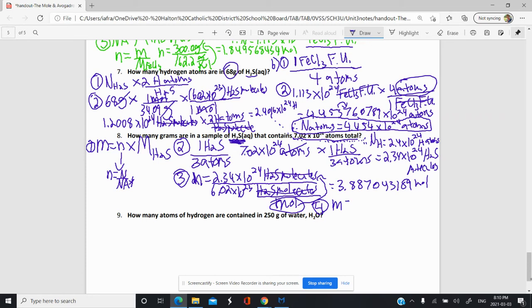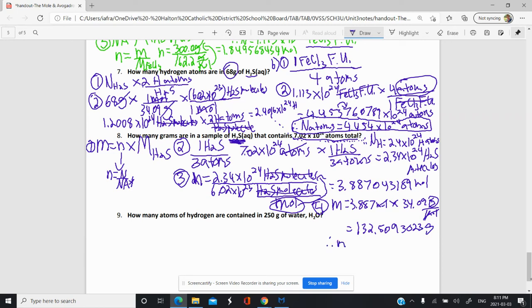So now the mass is going to be equal to the number of moles we found there, and you'd keep all your digits in your calculator. I'm not going to write all of them down again. Times the molar mass, which was 34.09 grams per mole. Cross moles out, left with grams. And we get 132.5093023 grams.